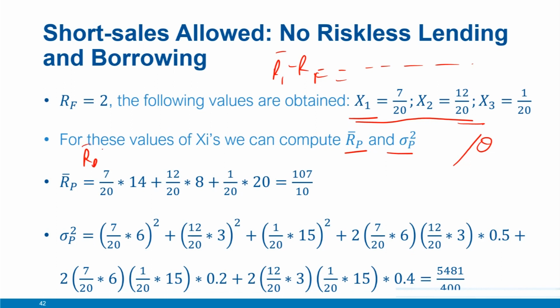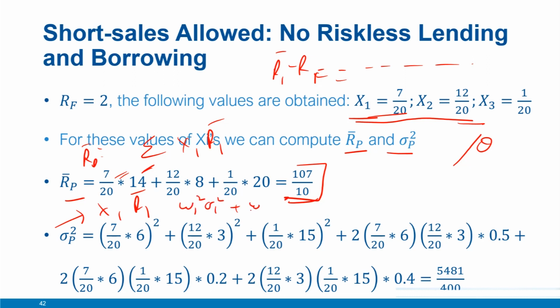For example, RP bar is nothing but the summation of xi into Ri bars, where all these values are known to us. So once we have the xi values, Ri bar are known from the beginning, we can get the value of RP bar, which is this 107 upon 10. Similarly, calculating sigma p square is also not a big deal. Recall the expression w1 square sigma 1 square plus w2 square sigma 2 square and so on.